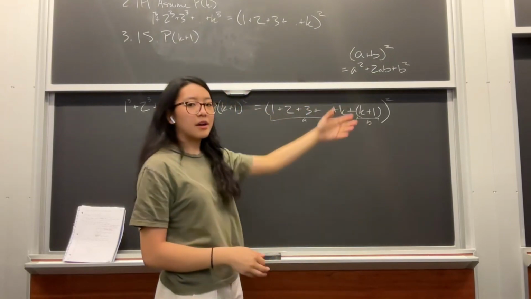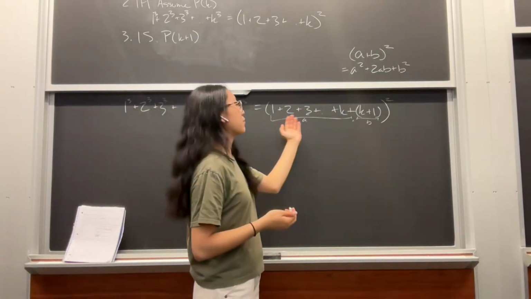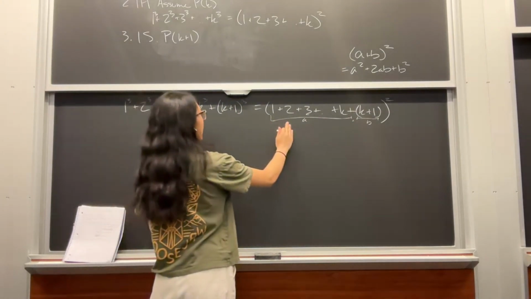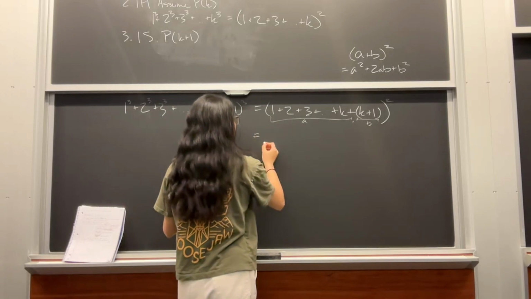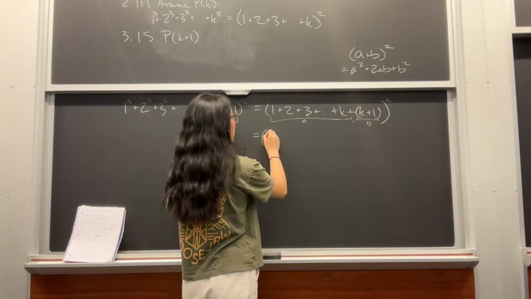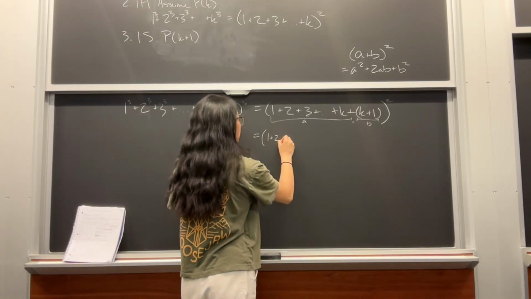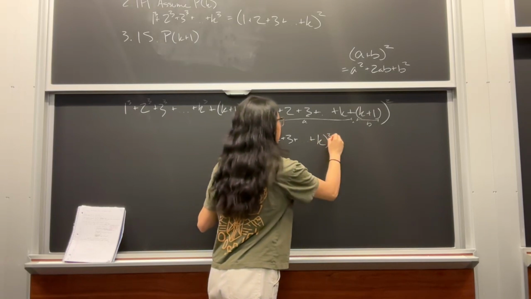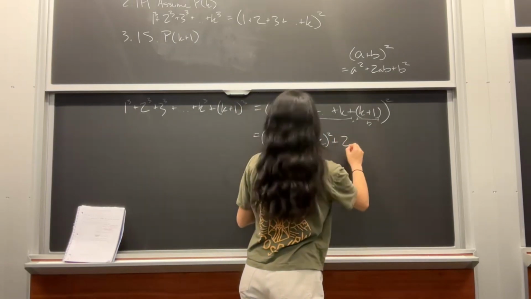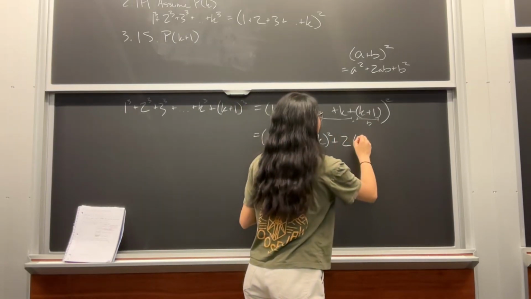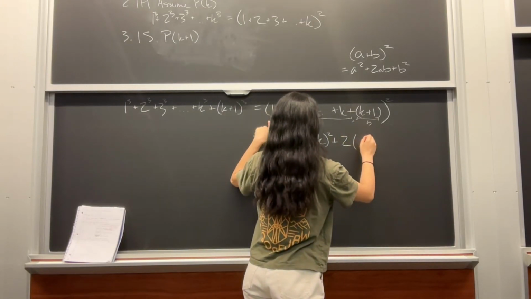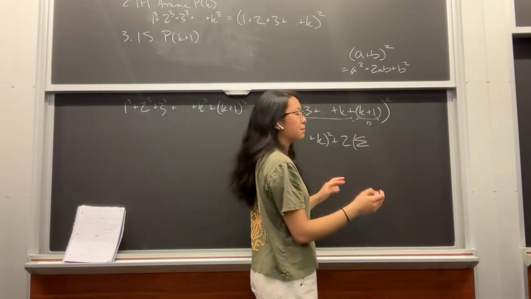So if we follow that formula, that kind of simplified version of what we have here with a lot less terms, we can rewrite what we have on the right-hand side to be (1 plus 2 plus 3 plus all the way to k) squared plus, kind of running out of space here, but that 2ab term, so the sum all the way to k, and I'm going to rewrite that for the sake of space.